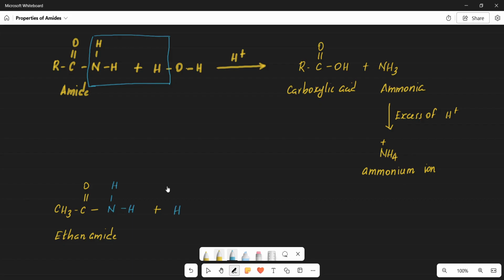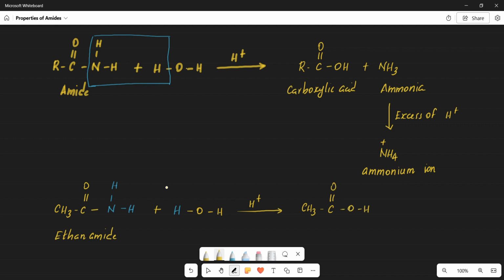One of the hydrogens I mark as blue. The OH group I mark as yellow because it is going to go with CH3C double bond O in presence of H plus, dilute acid. If they are saying dilute sulfuric acid or dilute hydrochloric acid, I simply represent H plus. So now the product will be CH3 C double bond O OH.